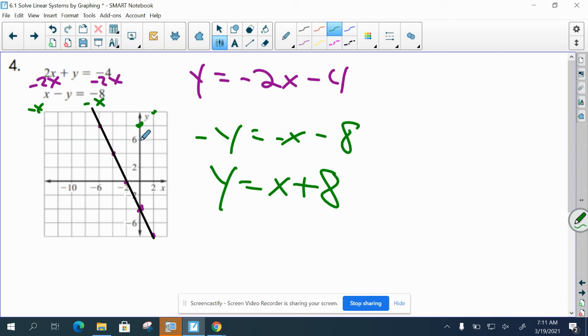But I could also go down 1 over 1 and down 1 over 1. In Edgenuity, it'll automatically make the line. But if you're not working on Edgenuity, then you'll want to do it this way. But then again, when will you not be working on Edgenuity? Okay, so anyways, the point of intersection would be negative 4, 4.